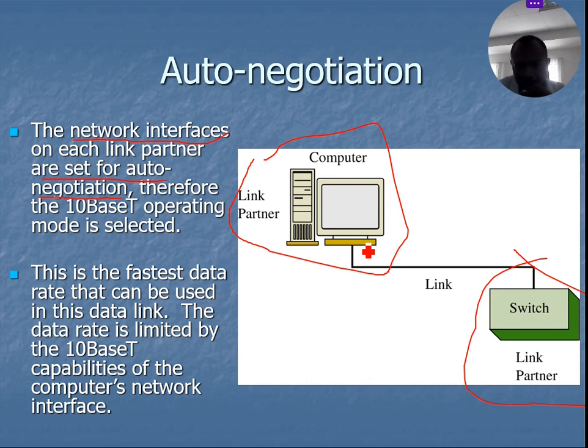The highest speed capability between these two devices has been established. This link has been established as a result of the process called auto negotiation, and now the highest speed of data transmission will only be 10 megabit per second, because that's what this computer advertised in the first place.